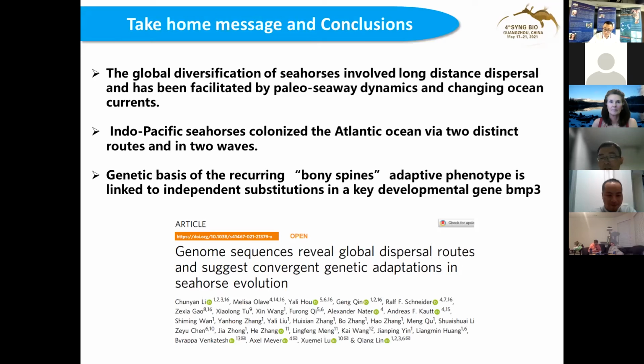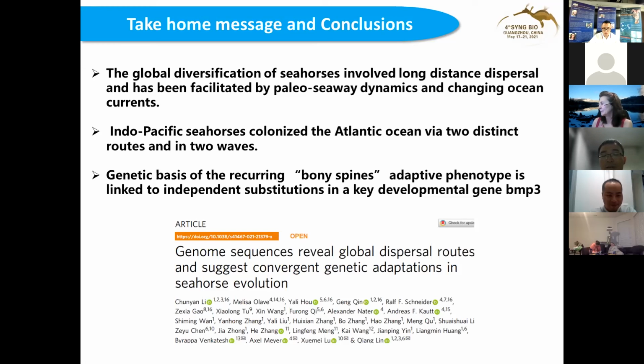Okay, let's get to the take-home message now. Firstly, the global diversification of seahorses involved long-distance dispersal and has been facilitated by paleo-climate dynamics and changing ocean currents. From the Pacific, seahorses colonized the Atlantic Ocean by two distinct routes and in 2 waves.